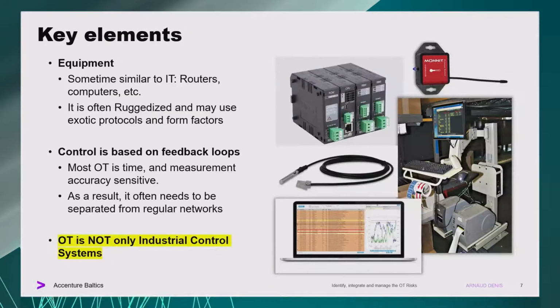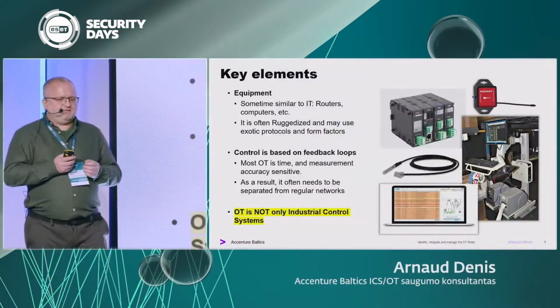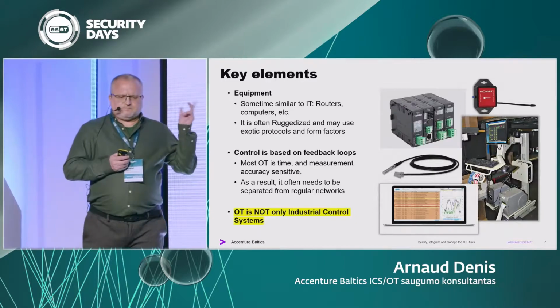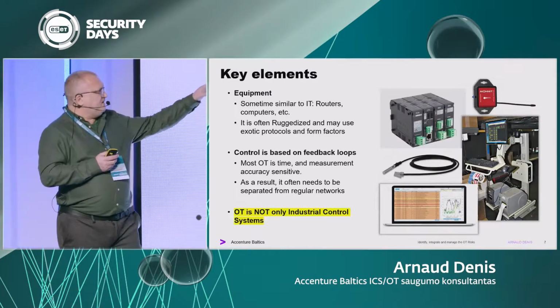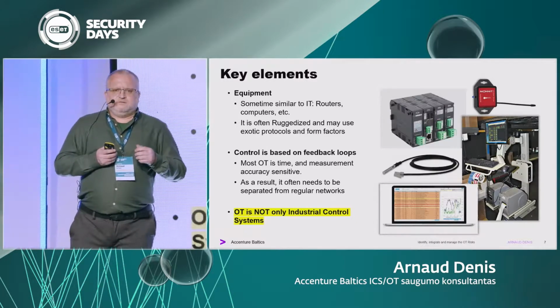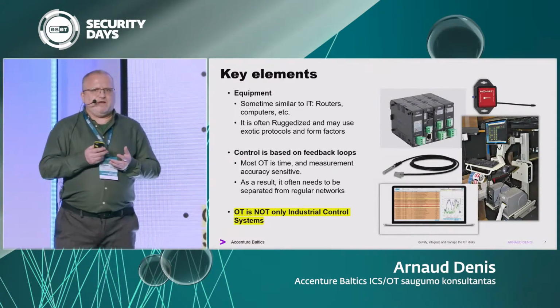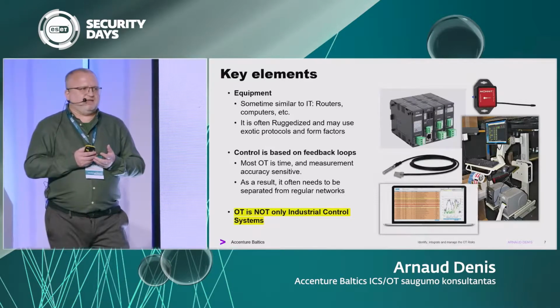What are the key elements of OT? For the most part, they are things you are used to knowing about, routers and the like, but they are going to take different shapes. For example, the black boxes with the green little connectors: that's a computer, network gateway, or sensors.